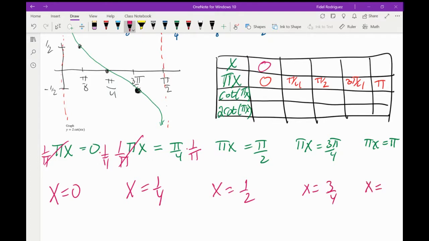What's the number in front of this pi? I don't see it, but what's the number that's supposed to be right there? 1. So 1/4, 1/2, 3/4, and 1. Okay.